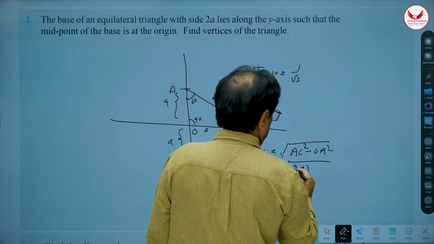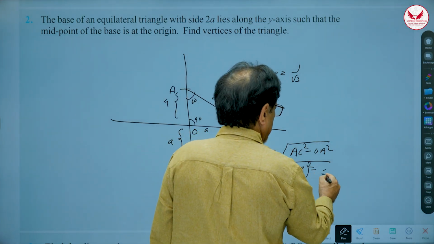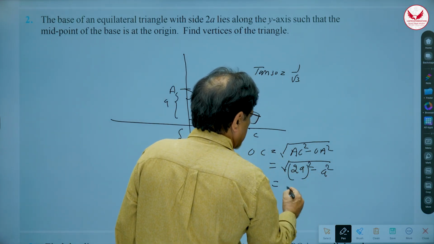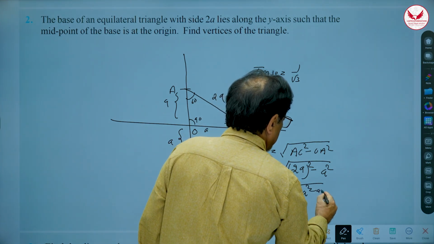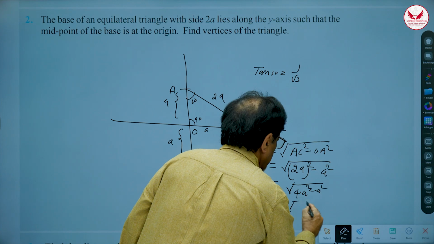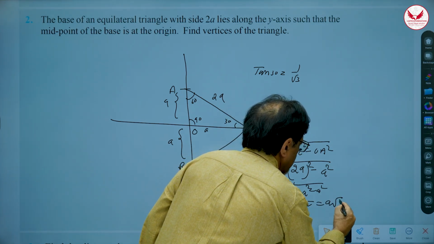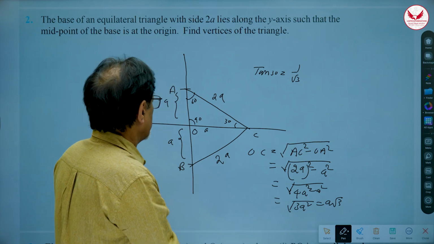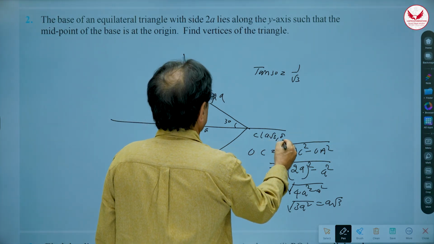So therefore 2A square minus OA, which is A square. Correct? So that means this will be 4A square minus A square, which is equal to 3A square. Therefore, the answer is A root 3. Correct? So C will have coordinates A root 3, comma 0.